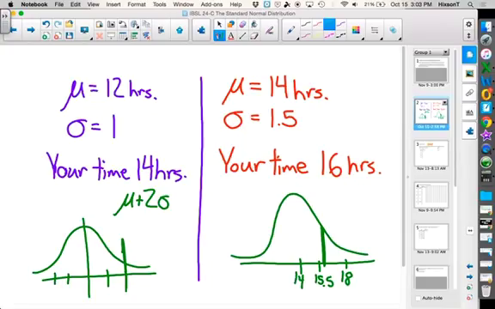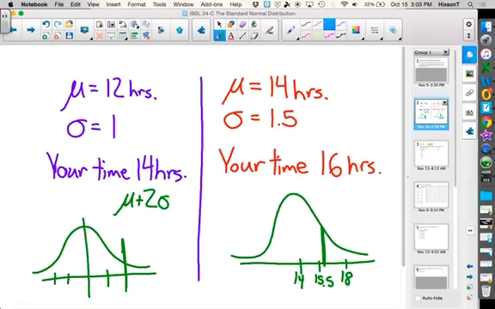We could actually use the normal PDF to figure out what percentile you were at, about 97.5.